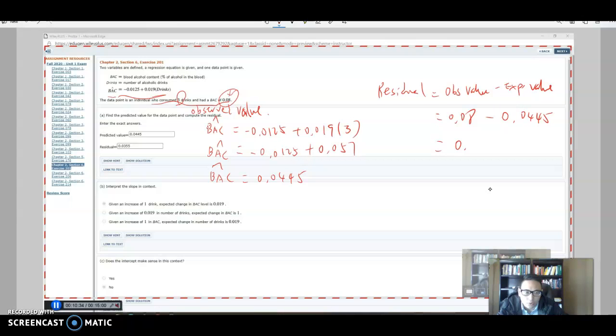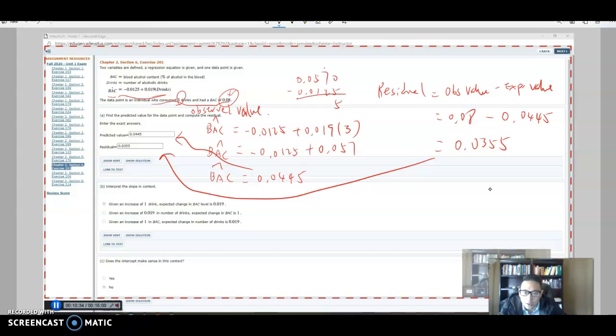So that's how I get 0.0355. Okay, here is my residual, here is my BAC. Double check your answer. I think 0.057 minus 0.0125 is equal to 0.0445. Yep, checked. So that's the BAC, that's number 8.